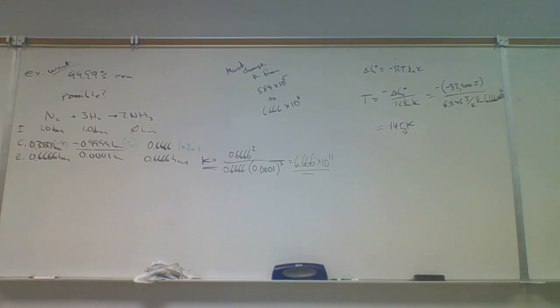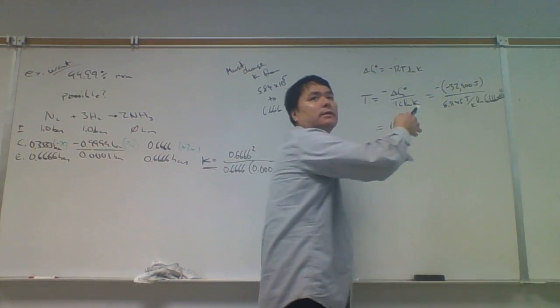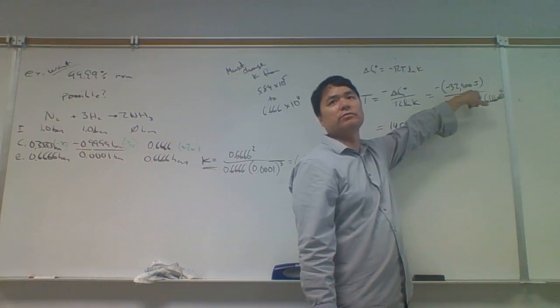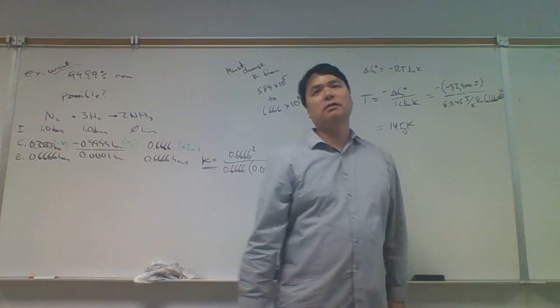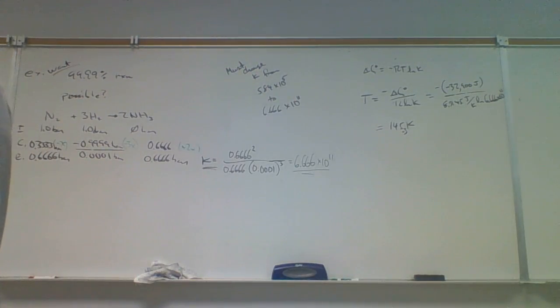I automatically did that here, because if I were to use that value there, it should be 16,450 per mole. That's per 1 mole of ammonia formed.